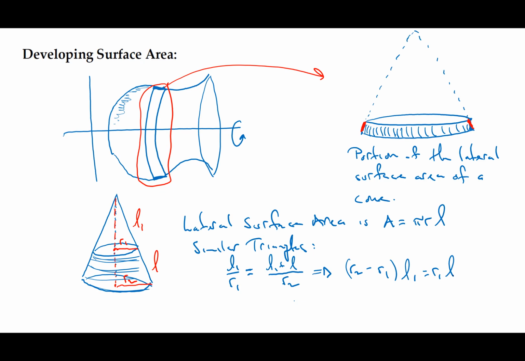That's just a little algebra. Now, going back to my area, this guy, we had said in this context, pi R2 times L1 plus L, and that would be the entire surface area of the cone, minus, if I just want this piece down here, I'm going to subtract pi R1 L1, okay?